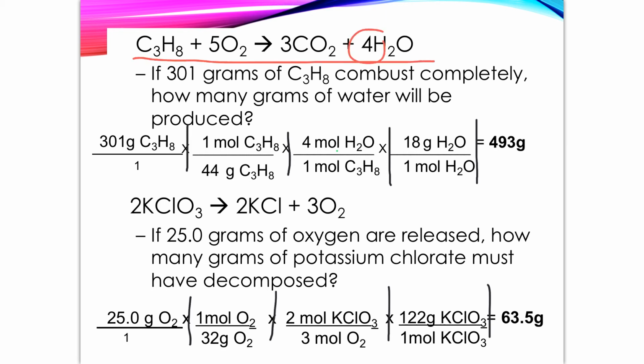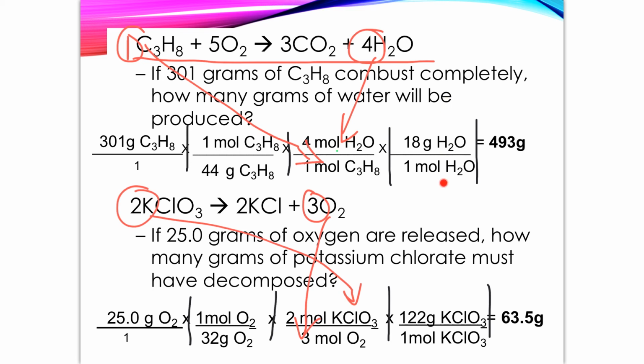Here's the 4 for the water, and here's the 1 for the C3H8. Here's the 2 for the KClO3, and the 3 for the oxygen. Remember, the balanced equation is where you get these numbers, not anywhere else, right? This number here, the molar mass, you'll have to look up or calculate.